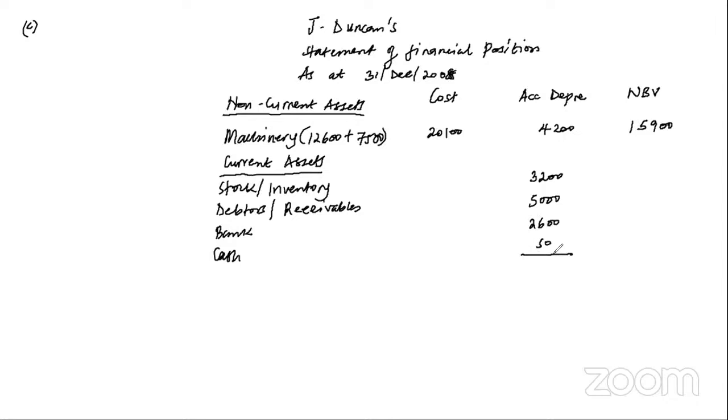So when we add this, we come up with how much? 200 plus 5,000 plus 600, that's 50. This gives us 10,810.